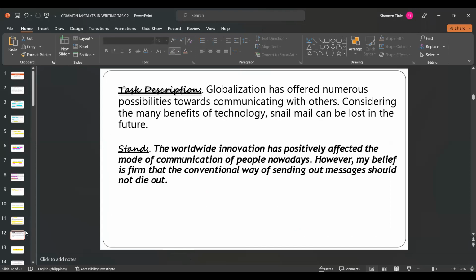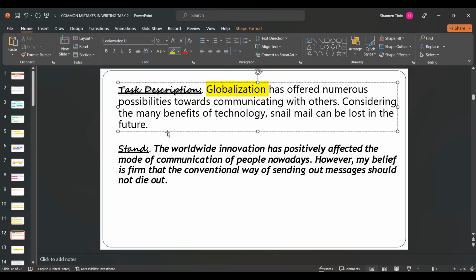Okay. Example. Task description. Globalization has offered numerous possibilities towards communicating with others. Considering the many benefits of technology, snail mail can be lost in the future.